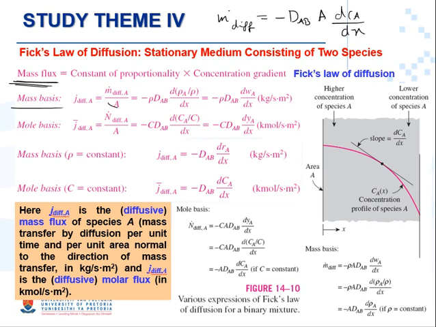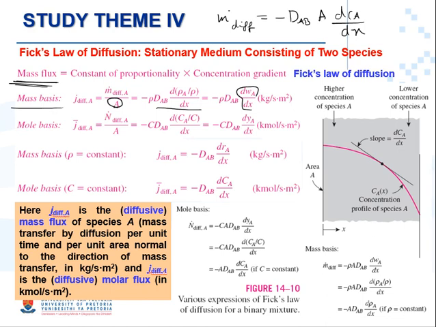When we are speaking about the flux, of course the A will go out of the equation, if we divide by A. So this is how Fick's law will look for the mass basis: density, D_AB, d rho_A divided by rho, dx.